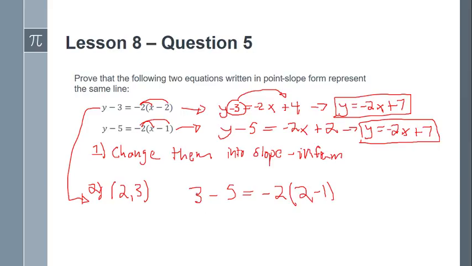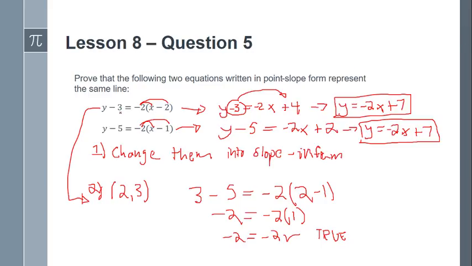All right, so on the left-hand side, this simplifies to 3 minus 5, or -2. On the right-hand side, we get -2 times 1, and -2 times 1 is -2, so -2 does in fact equal -2. Since we get a true statement, then I conclude that these two are in fact the same line.